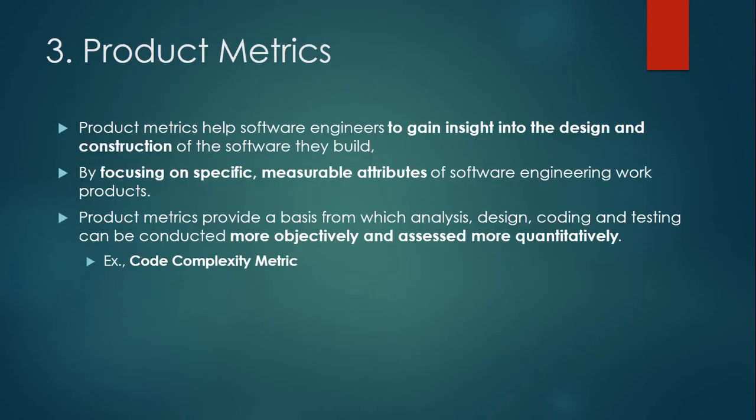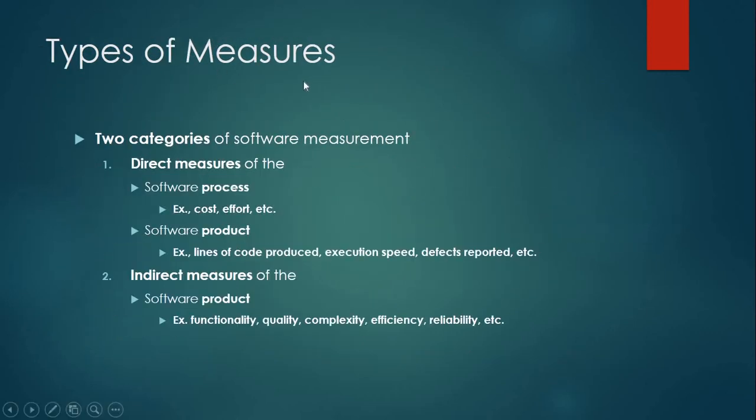Now we will discuss the measures, specifically the types of measures. There are two categories of software measurement: direct measures and indirect measures. Direct measures cover the software process and the software product.